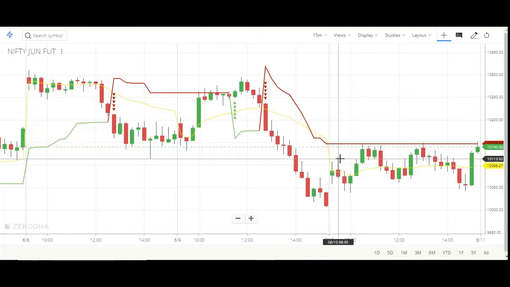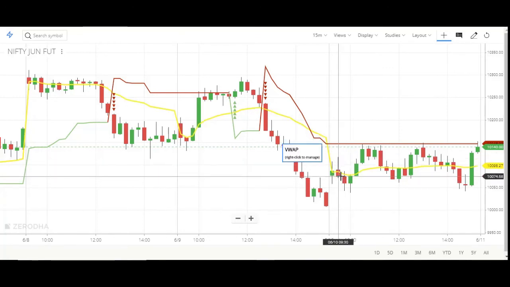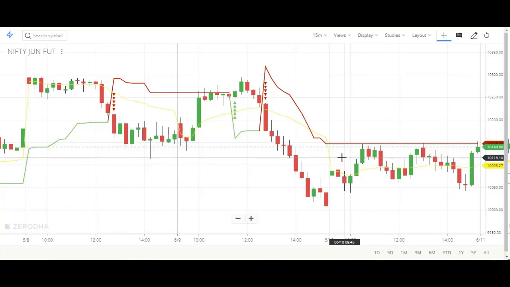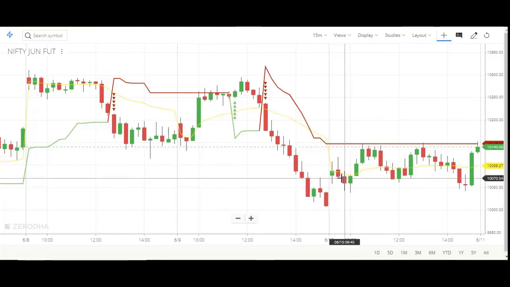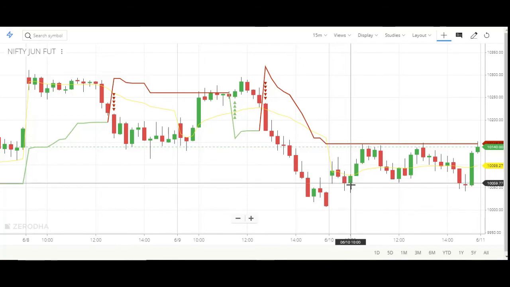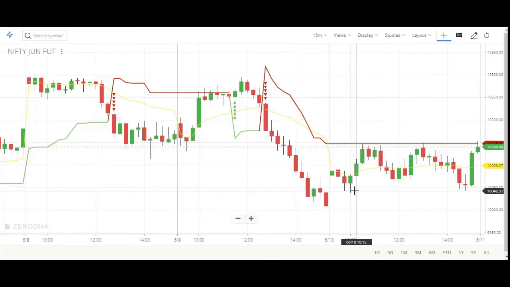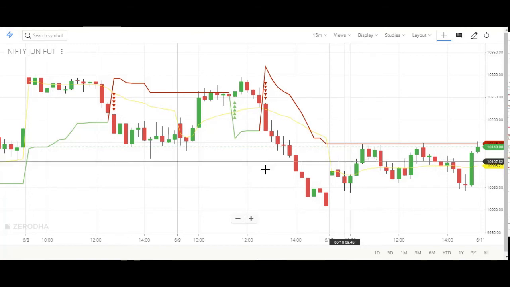Here we would be selling at the level of 10,070, and its high is 10,116, which is around 45 to 50 points, so we'll be expecting a 100 point movement. It doesn't happen here. From 73 it made a low of 42, which is only about 30 points, and the stop loss is hit.